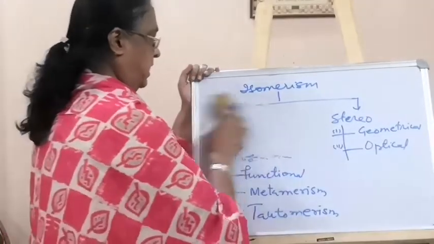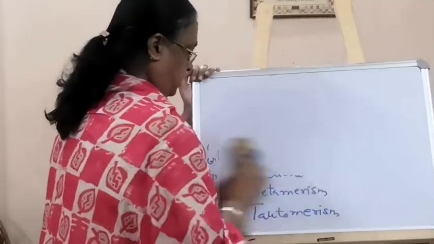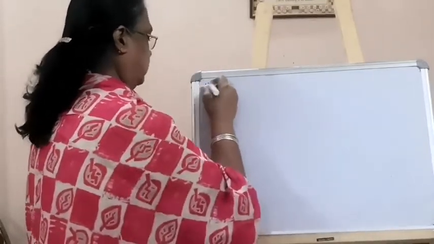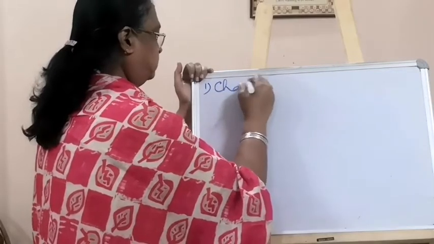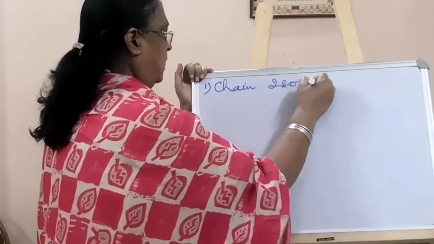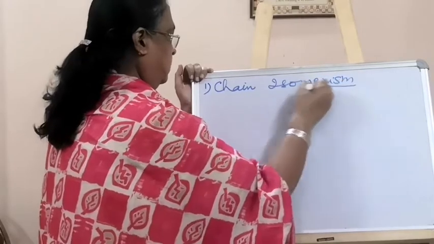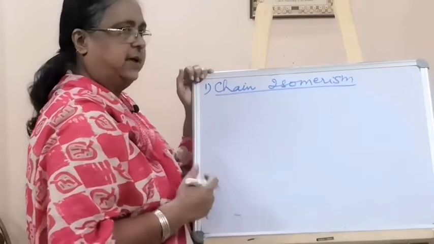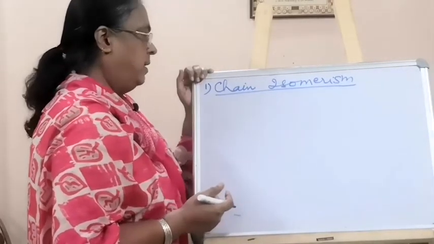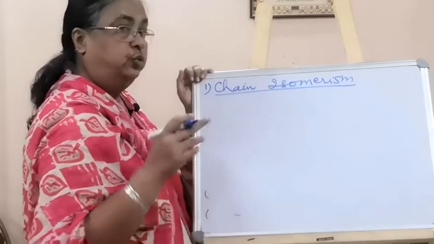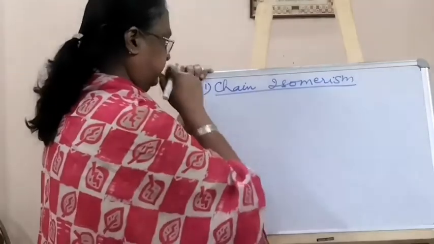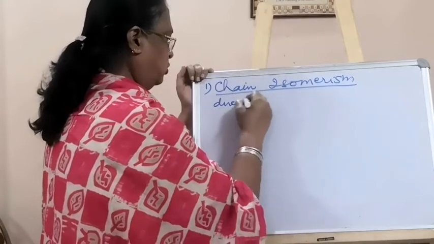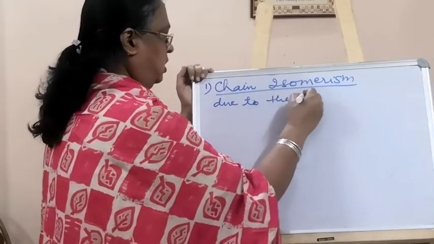So first I will be taking up structural isomerism. Structural isomerism, the first kind is chain isomerism. In chain isomerism, the 2 or more than 2 compounds have same molecular formula but different structural formula, due to the chain.